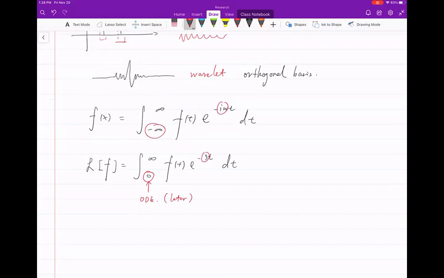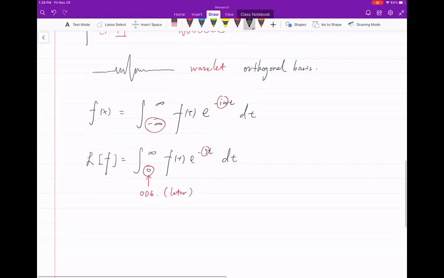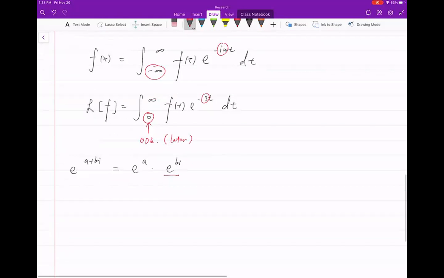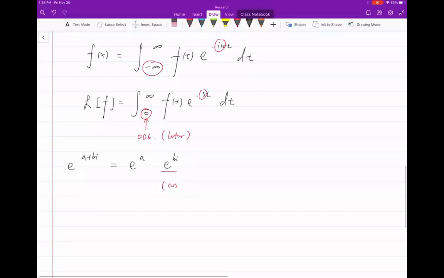From here, you can see the final thing goes from here. That is e to the a plus bi, which gives you e to the a times e to the bi, which is cosine b plus i sine b.